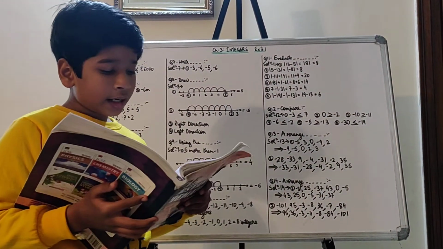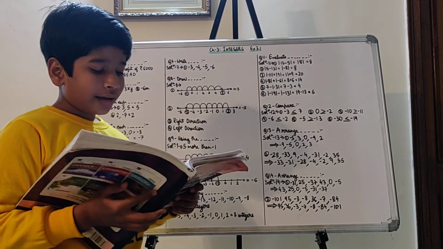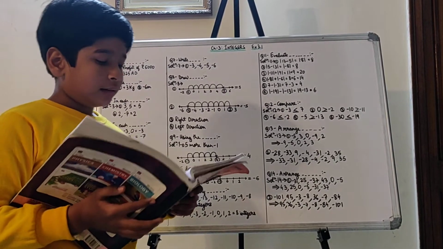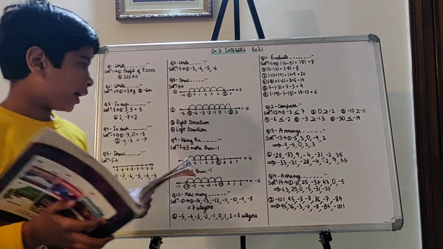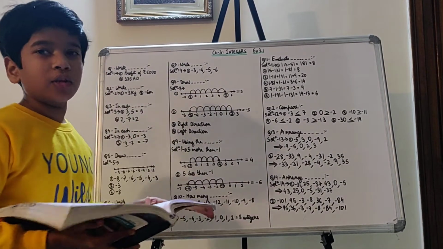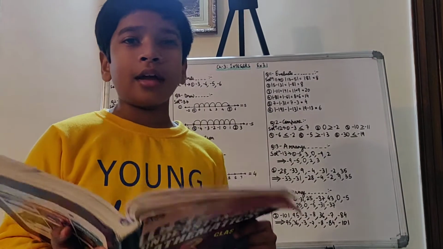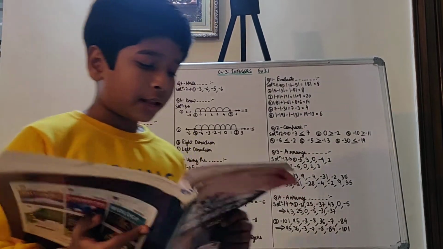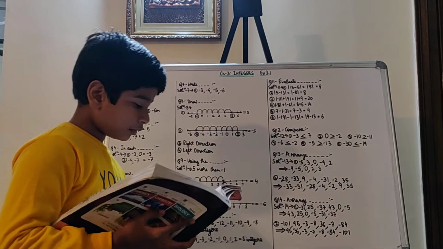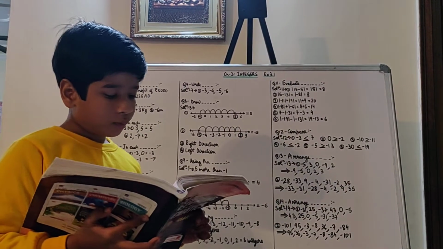Then every negative integer is less than every natural number. This is true. Let's take an example of minus 28 and plus 28. Obviously you can see that minus 28 is lesser than 28, and that also plus 28. So this one is true.